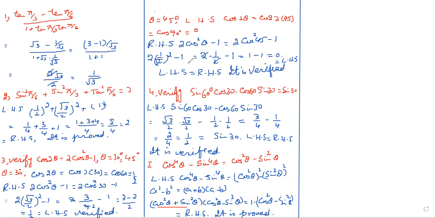Right, come to question number 6 now. Right, so we have to prove that 1 minus sine theta over 1 plus sine theta equals to secant theta minus tangent theta.